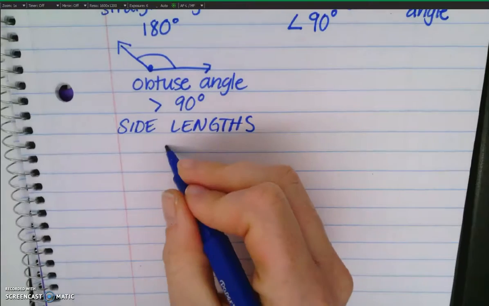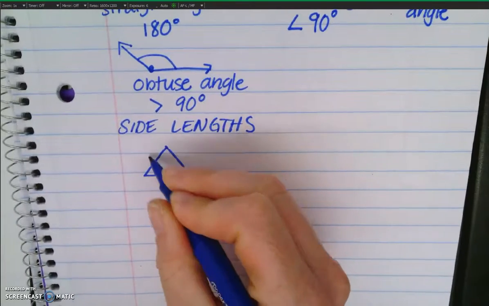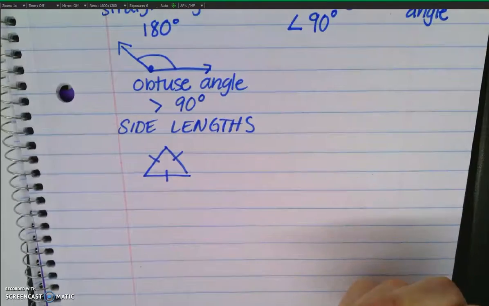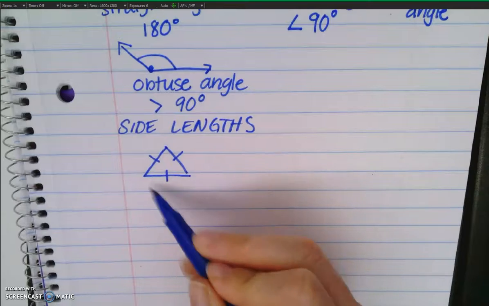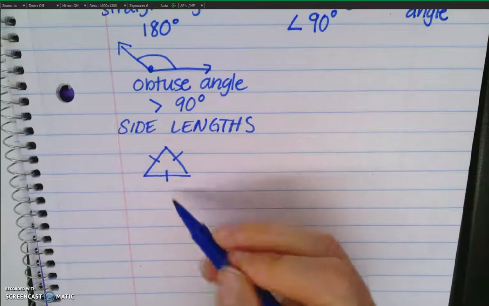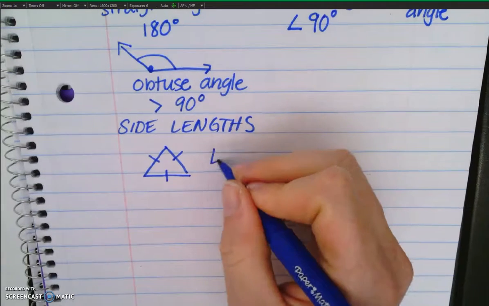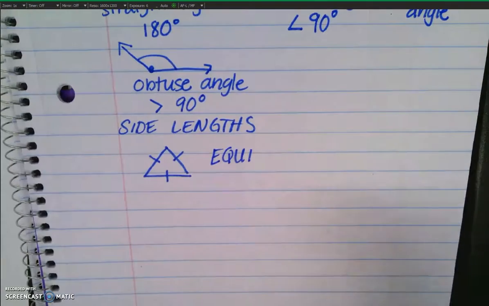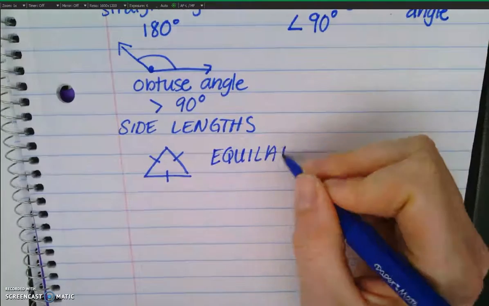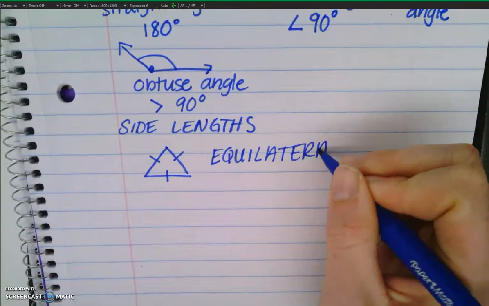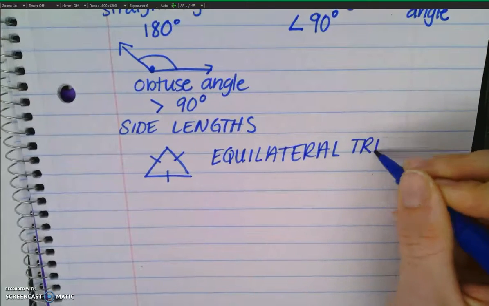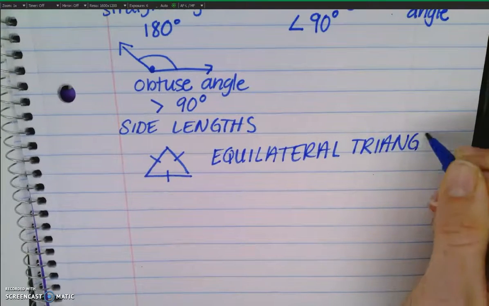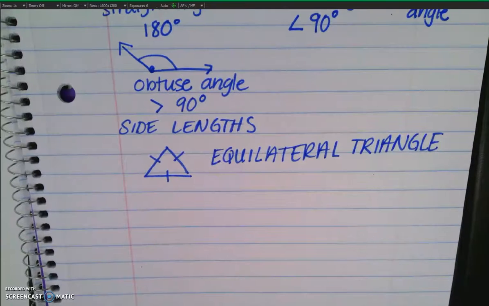So if you have all 3 sides equal length, we use these little hash marks to mean if they're the same number of hash marks, that means it's equal length. If we have all 3 sides that are equal, it's called an equilateral triangle. Each side is like a lateral, so it's equilateral. And that means that all 3 sides are the same length.